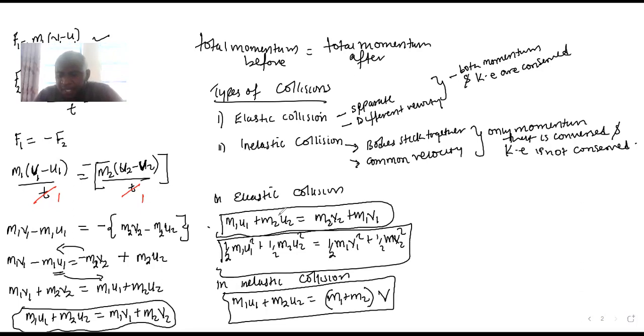So it is from here that we can be asked to derive the change in energy, or the loss in energy, under inelastic collision, because we see kinetic energy is conserved in elastic collision, but here it's not conserved, so we have loss in what? Loss in energy.